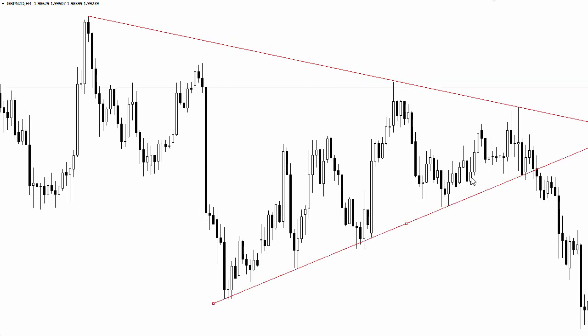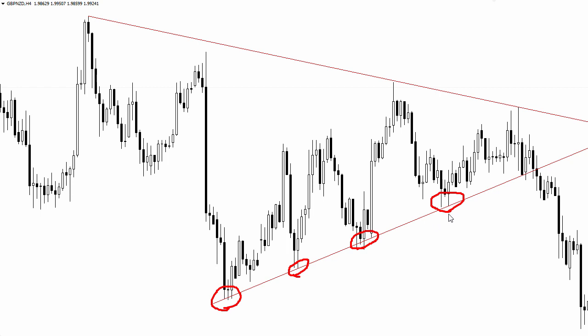Now I tend to place it at the lower extremes, but there's one rule that I always follow, and that is that I like to get the most touches possible. There's really no hard and fast rule here, it's whatever makes sense. If I place it at the lower extremes like this, you can see that we have really 4 main touches off of this level.